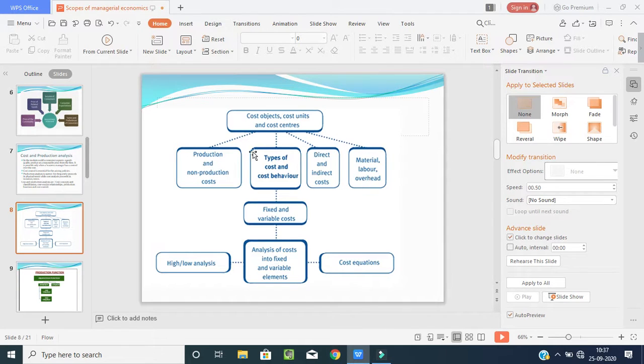In our third or fourth unit, you are going to learn with practical problems from another faculty. Now, fixed and variable cost: fixed cost is different, variable cost is different. Then high-low analysis of a cost into fixed and variable elements, and cost equations. Just keep these things in your mind and you are going to learn in depth.